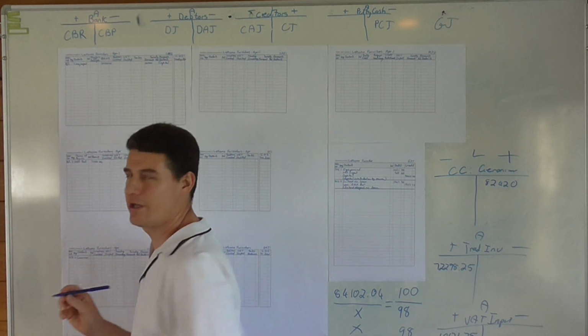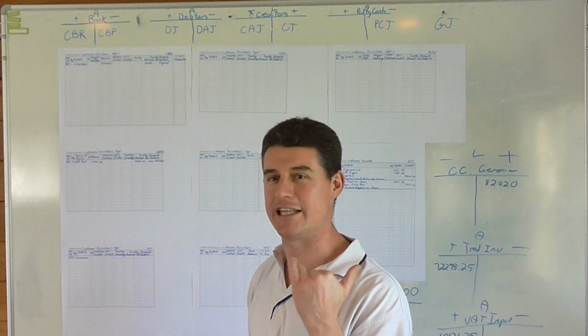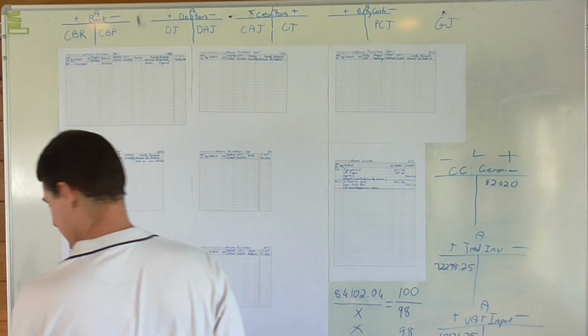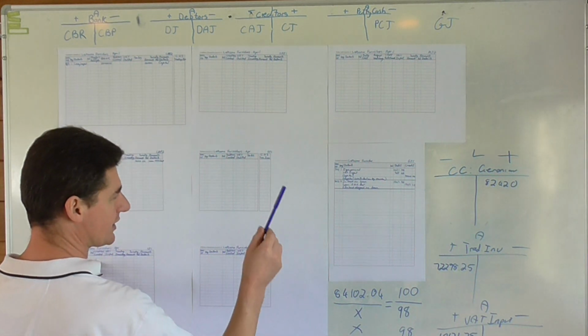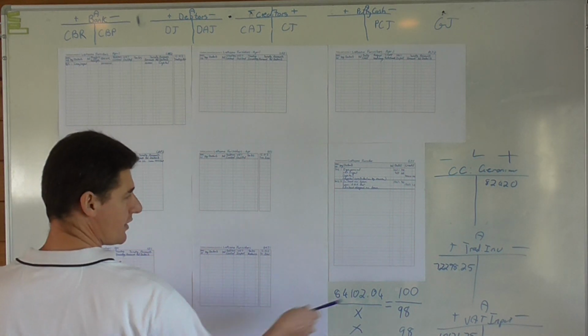Your creditors control, remember, is your main account. Your main account is always your VAT inclusive amount. So in creditors control we write 82420.